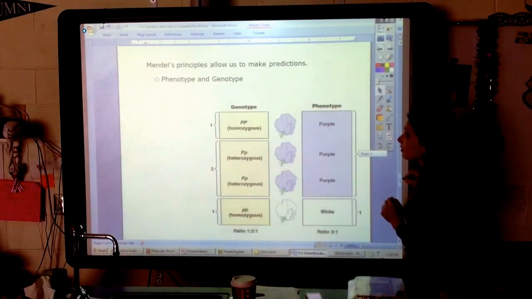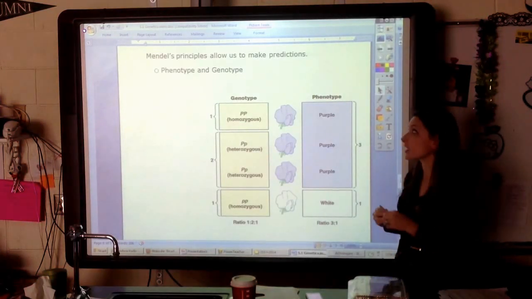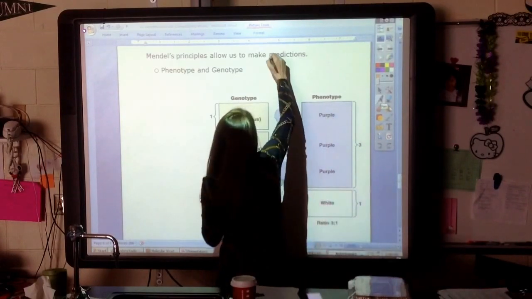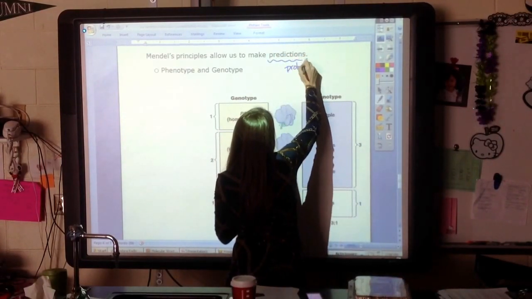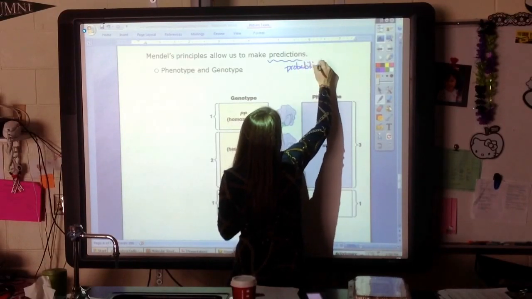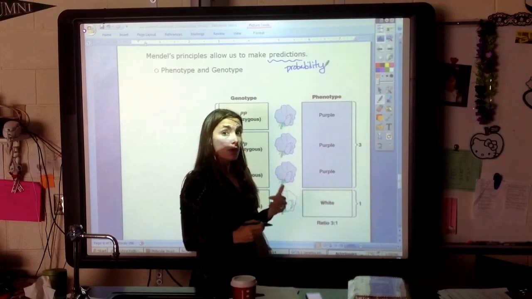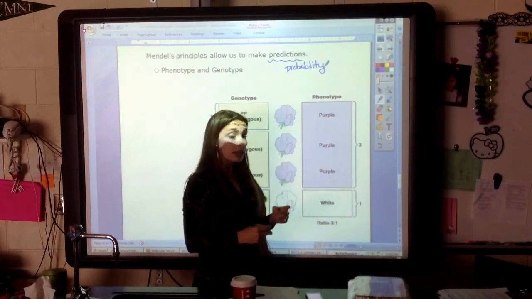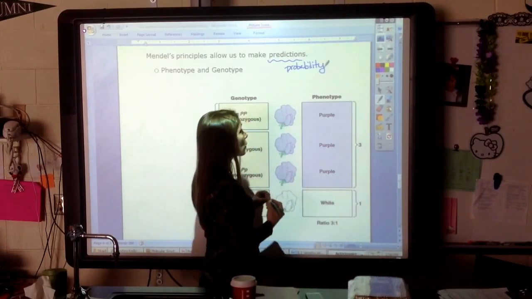The final part of the notes reminds us that Mendel's principles allow us to make predictions. When we make predictions, we do have to remember that we're talking about probability. And so when we examine probability, we remember that there is no certain outcome, but that we have chances that certain things will happen or occur.